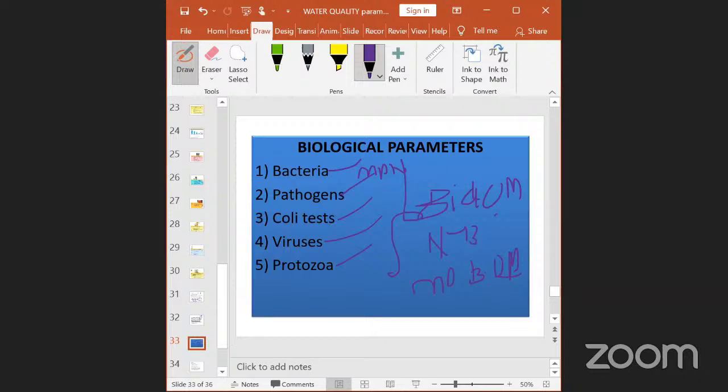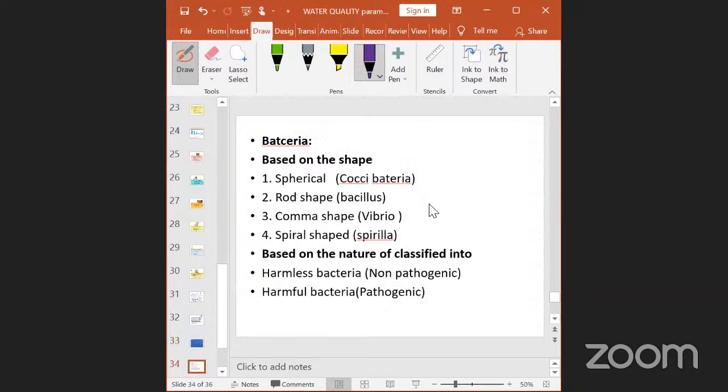The most important organisms are pathogens, right? Because they are capable of transmitting diseases. For example, bacteria, virus, protozoa, helminths, etc. First one is bacteria.